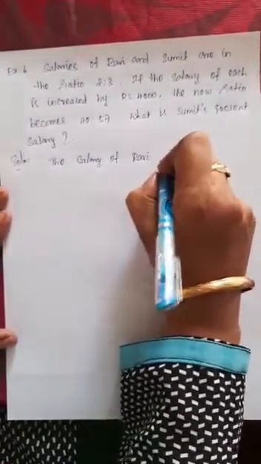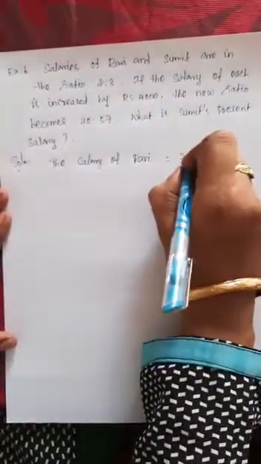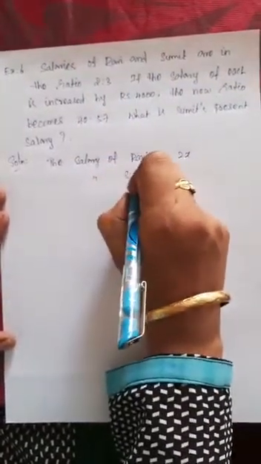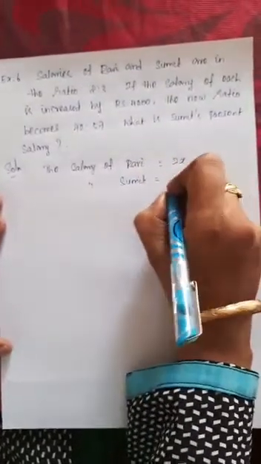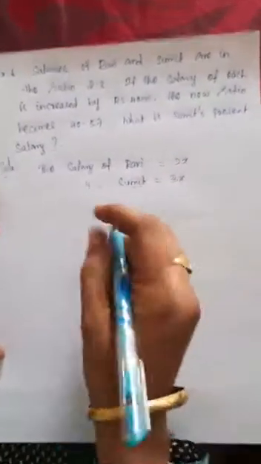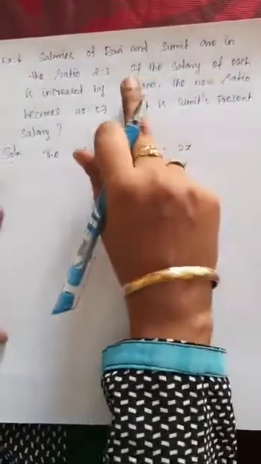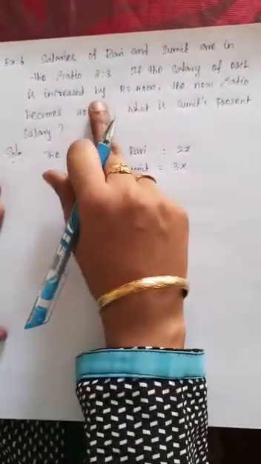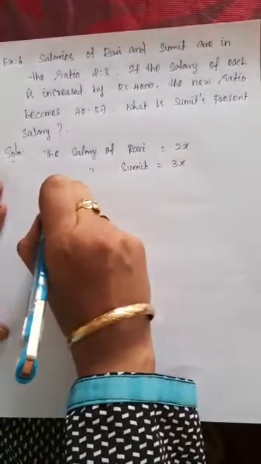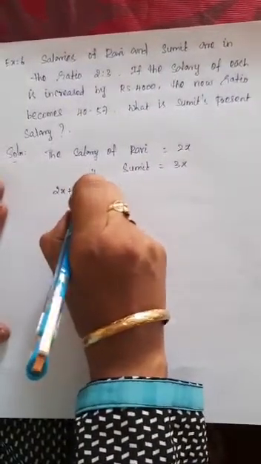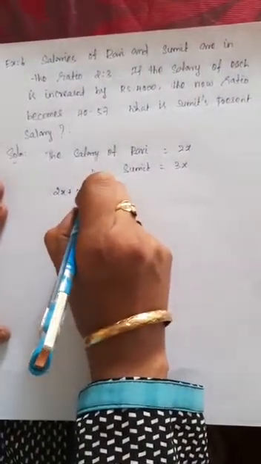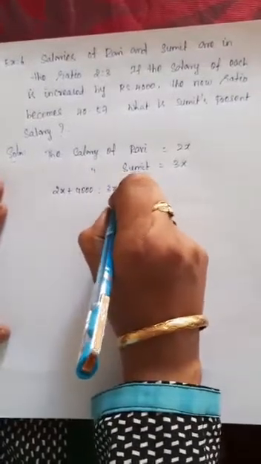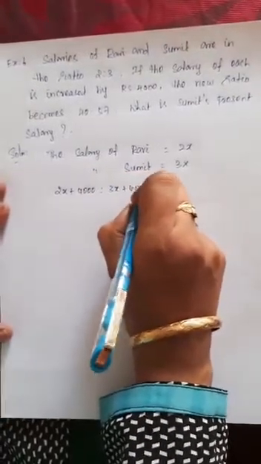If each is increased by 4,000, that is 2x plus 4,000 is to 3x plus 4,000.